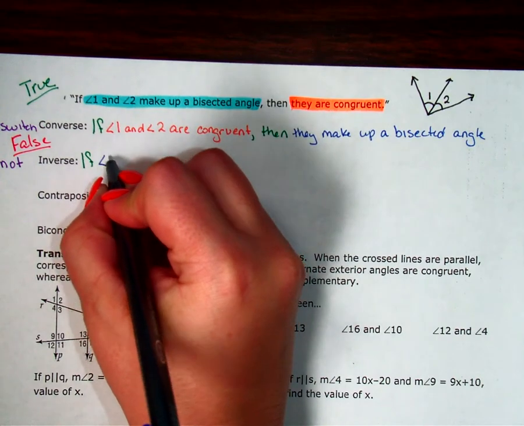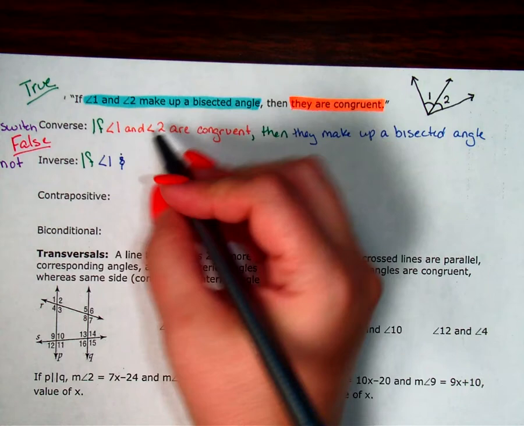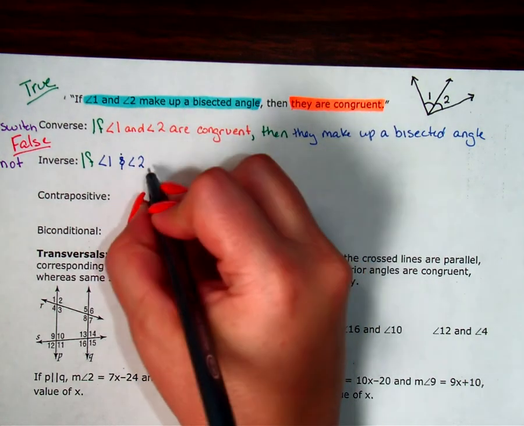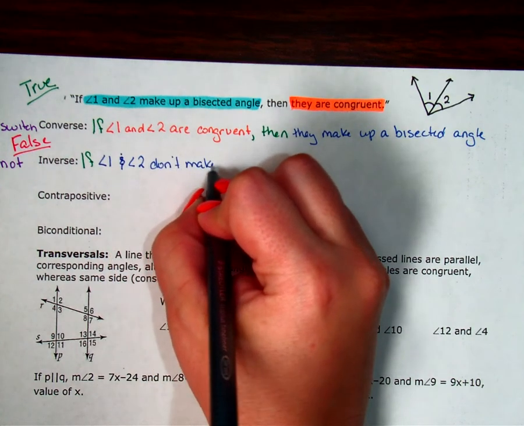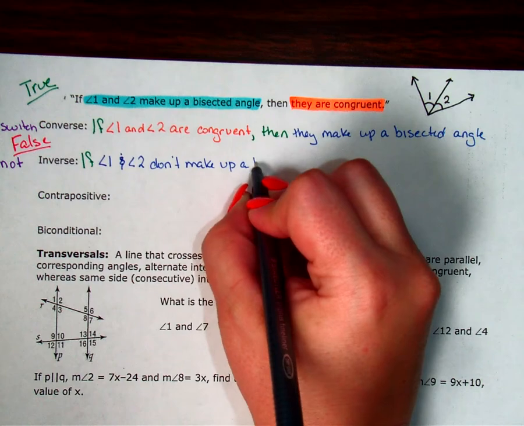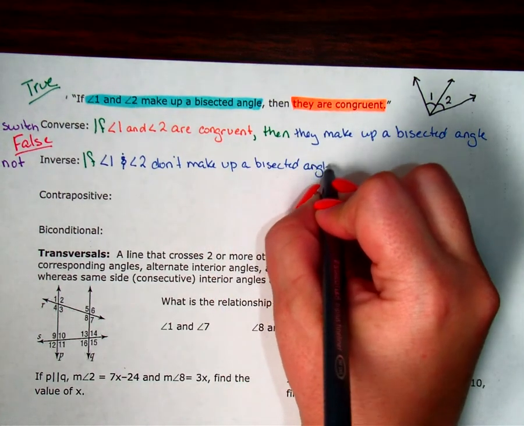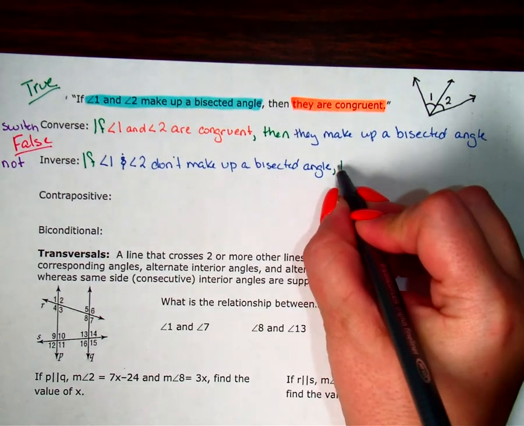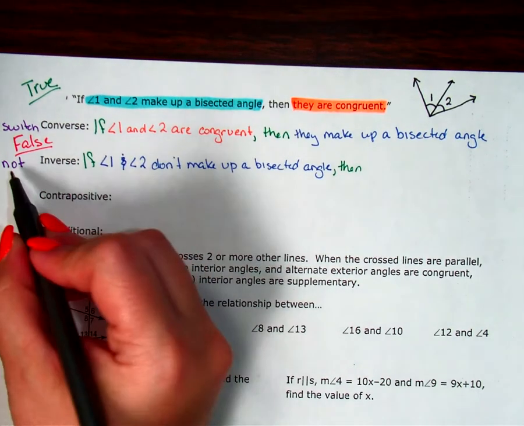So if angle 1 and, sorry, I'm going to abbreviate, angle 2 don't make up a bisected angle, then, so now I'm going to keep with my orange because we're not switching them, we're just putting a not.